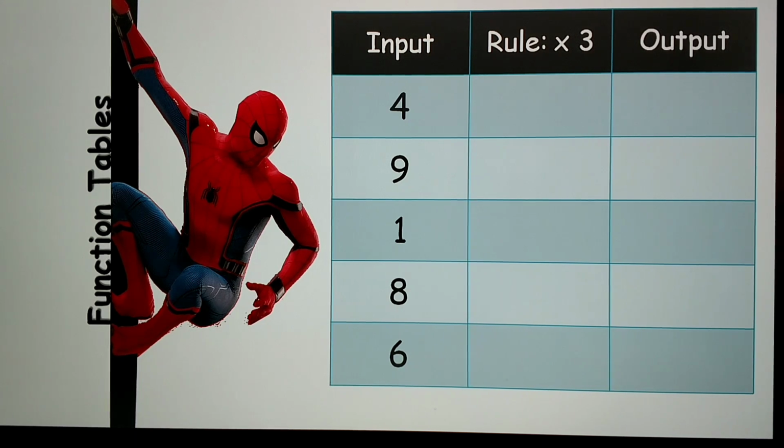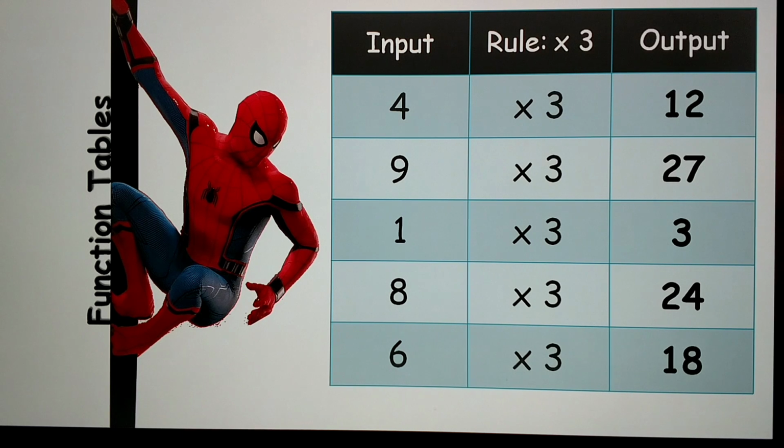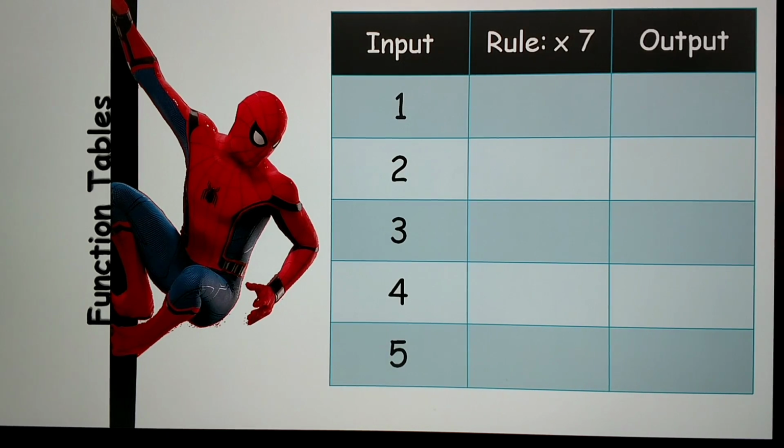Push pause so you have time to work out the problems. And we're back. Next. Again, push pause so you have time to work out the problem. And we're back with the answers.